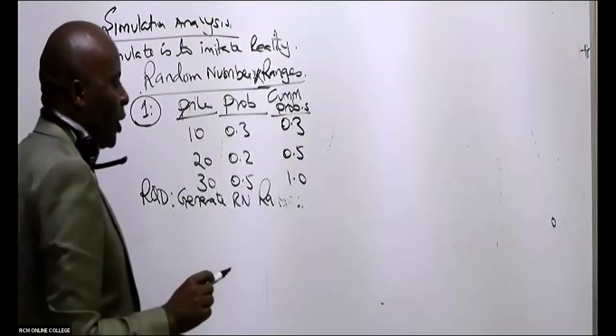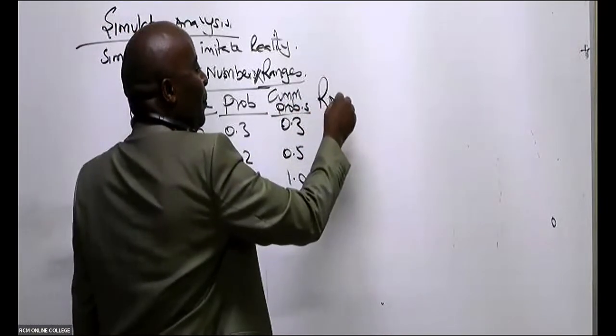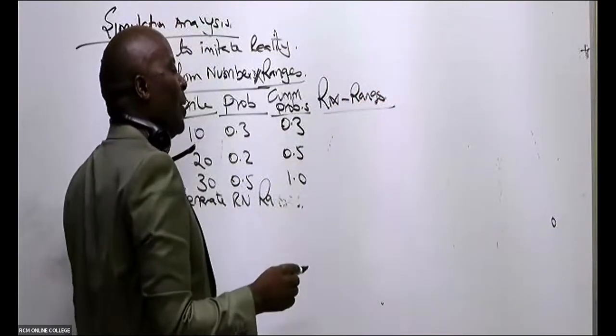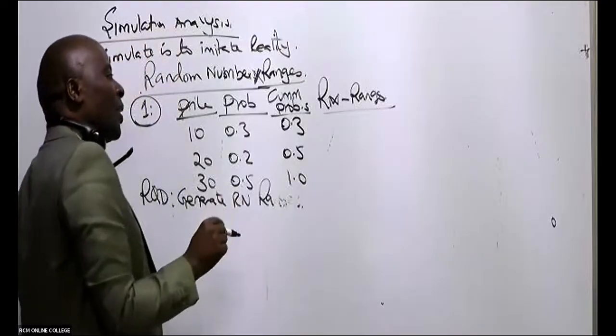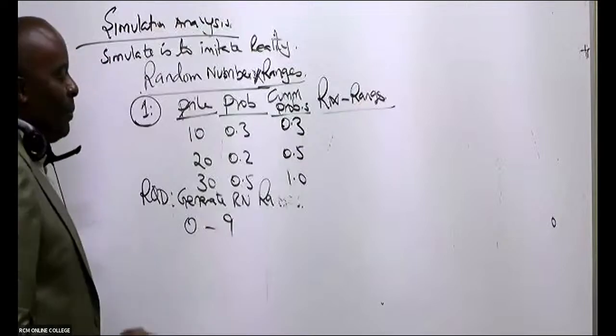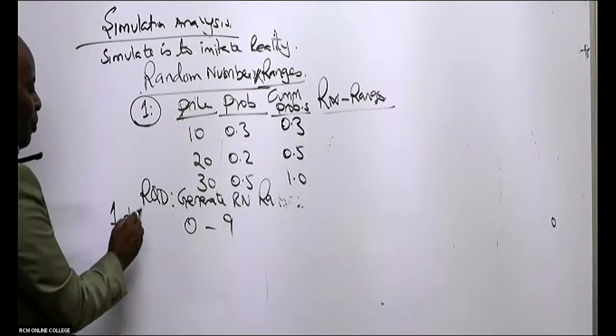Now from there, ladies and gentlemen, you'll be able to give us what we call random number ranges. So random number ranges, what do we have? Remember, these ranges begin from 0 to 9. This is when you have 1 decimal place.